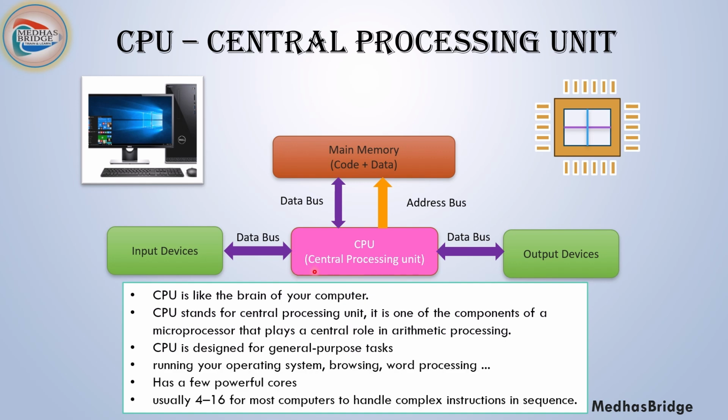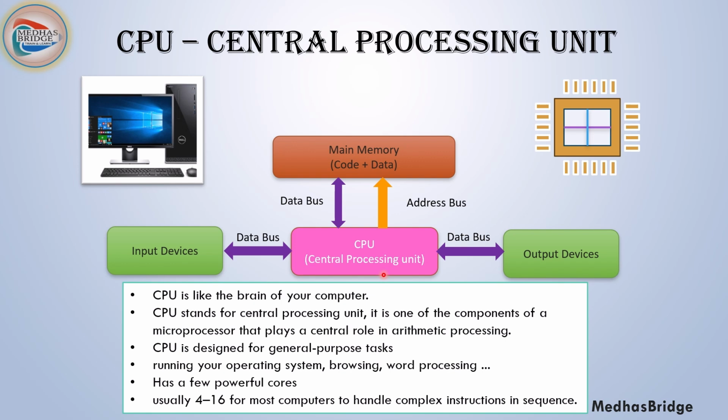So the CPU is designed for general purpose tasks. That's why we say this is general purpose, used in personal laptops, like running your operating system, browsing, and word processing, etc. A CPU has cores. We have a two core processor, a quad core processor. I think you might have heard these words.